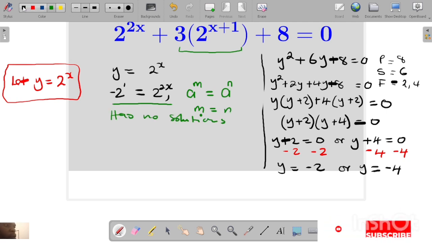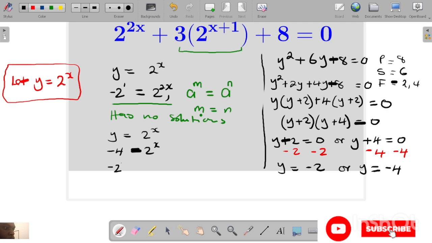Now, let's also remember we said y is equal to 2 to the x. So where there is y, we replace a negative 4 also. So negative 4 is equal to 2 to the x. Negative 4 can be written as negative 2 squared is equal to 2 to the x. All right, you can also see that you have a negative base here, and this is positive.